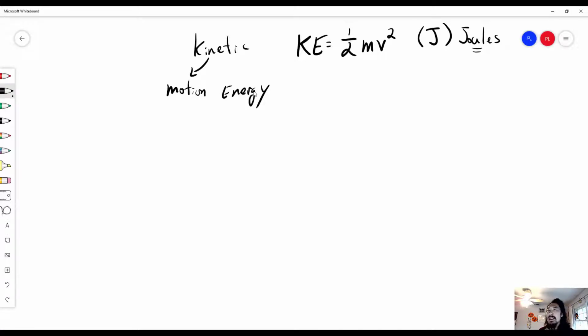So let's connect this with work. Now, work, we defined as the force times the displacement. Okay, work is force times displacement, and we gotta think about this. If we are doing work on an object, right, so we are exerting a force on an object so that it has a displacement.